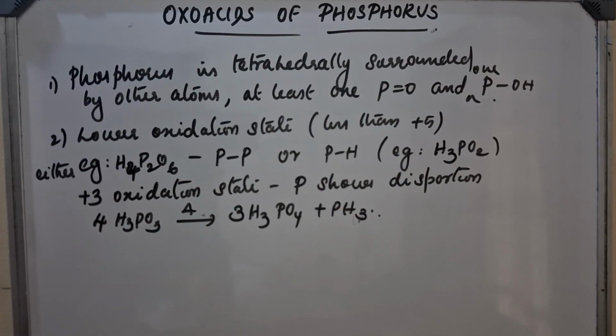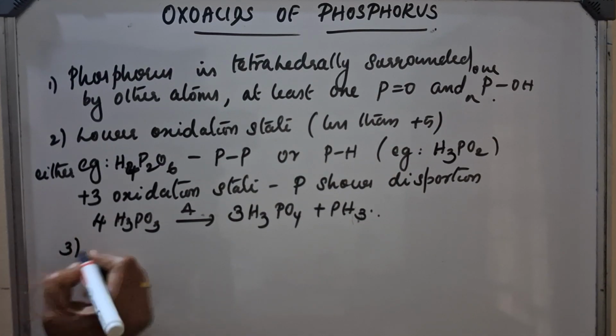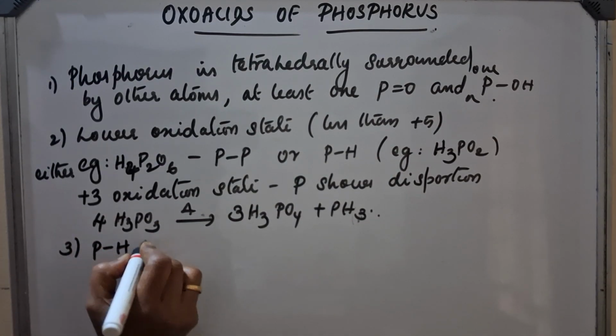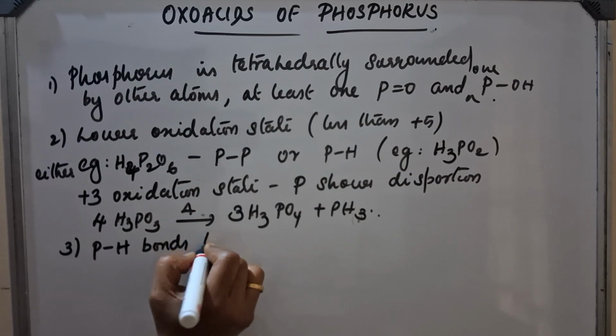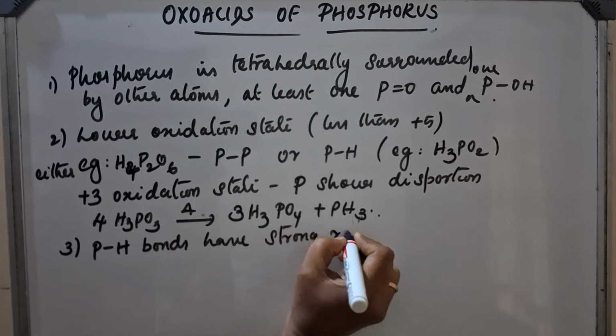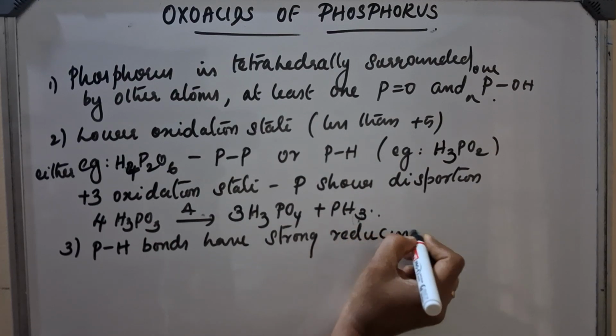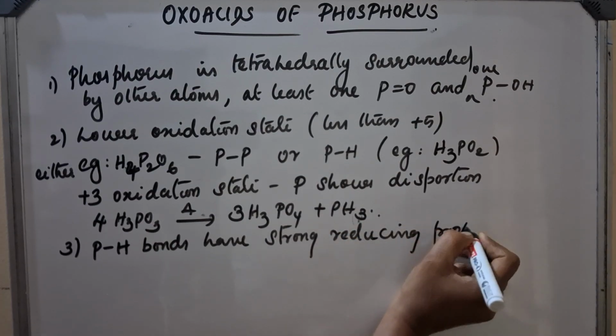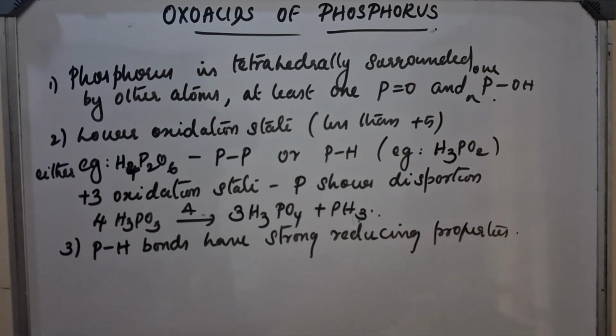Now, acids with P-H bonds have strong reducing properties. Hypophosphorous acid, H3PO2, has 2 P-H bonds.